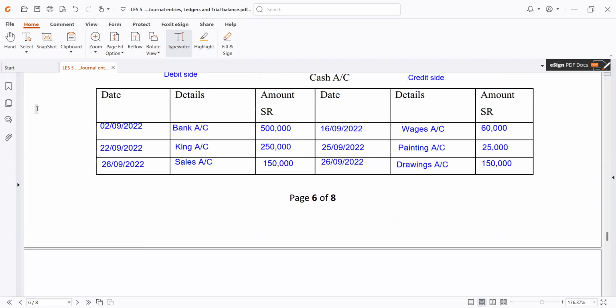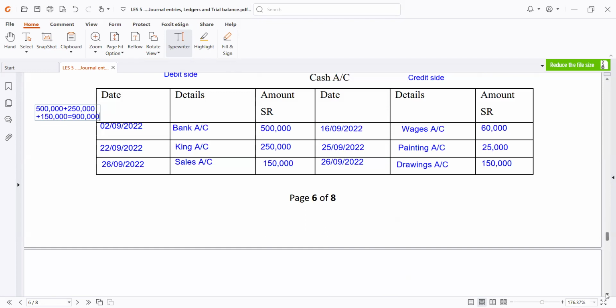If you add here, 500,000 plus 250,000 plus 150,000. So that one we get 800? Is it? Not 800, we get 900,000. So 500 plus 250,000, 750 plus 150, you get 900,000.